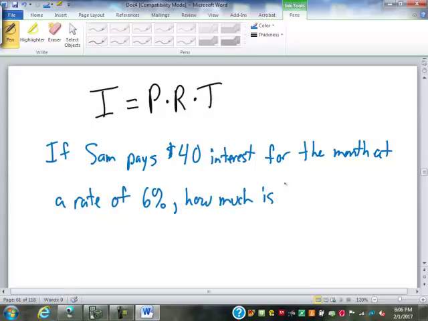How much is the principal on Sam's loan?